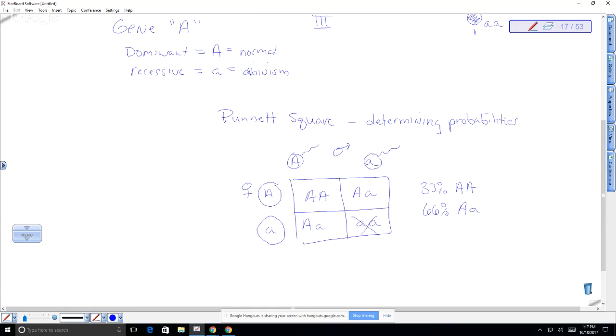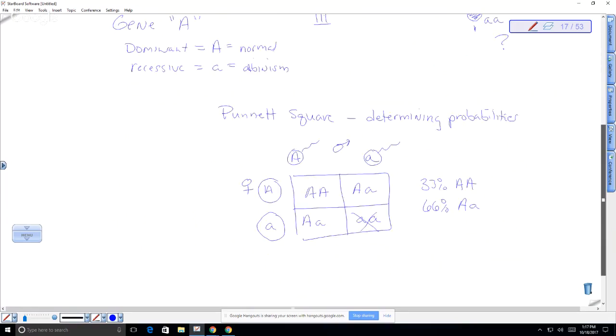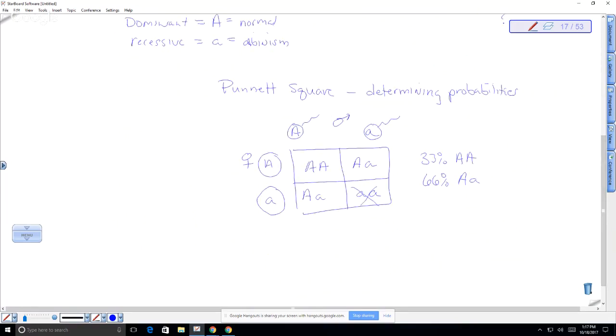Now we could also use the Punnett square to ask other questions. So let's say they wanted another child. So individuals 2, 3, and 4 wanted to have another child, but they didn't really want to have an albino child. They wanted to know the probability. So from that, what is the probability that you would have a child born with albinism? Looking at this, 25%, right?